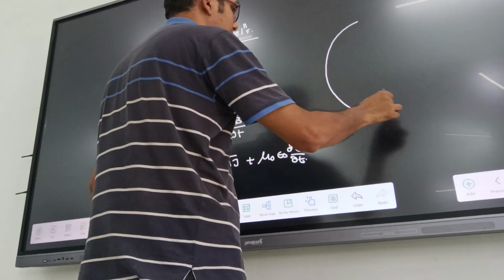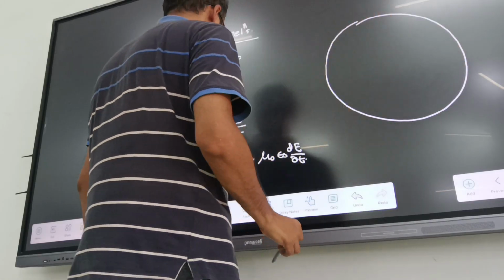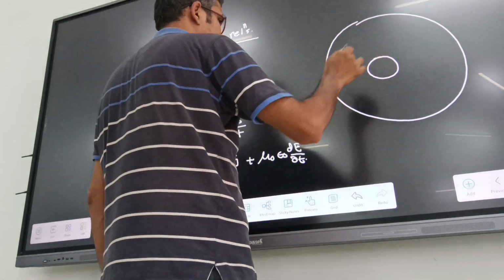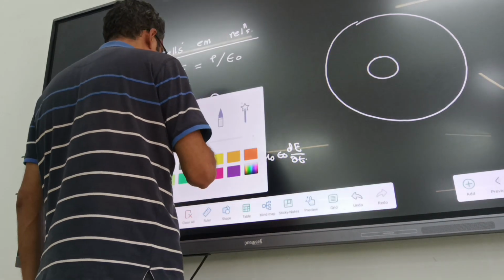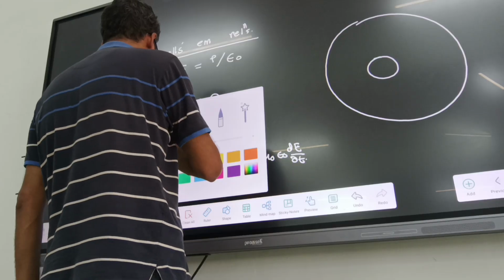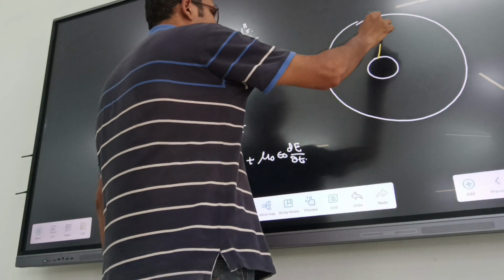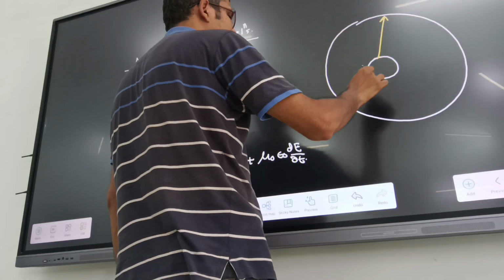This is the coaxial cable, and this is the center. The magnetic lines of force will be like electric field lines, and the transverse electric field is also of a radiating nature.